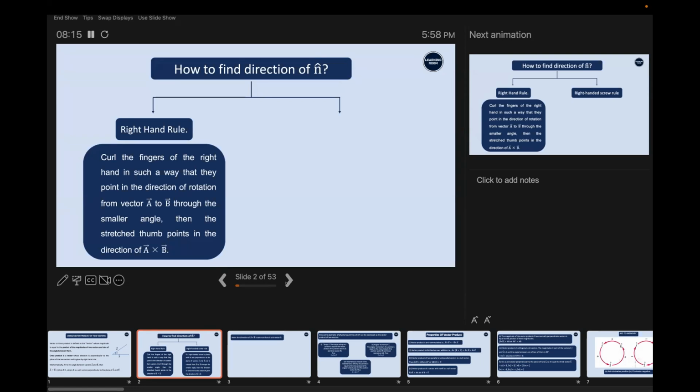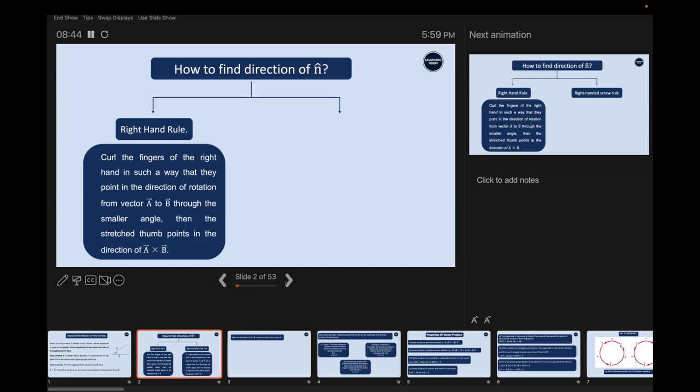So let me explain it to you in a simpler manner. Suppose this is A vector and this is B vector. You need to curl the fingers of your right hand from the first vector towards the second vector. Meaning, if you do A vector cross B vector, then A vector is called the first vector and B vector is called the second vector.